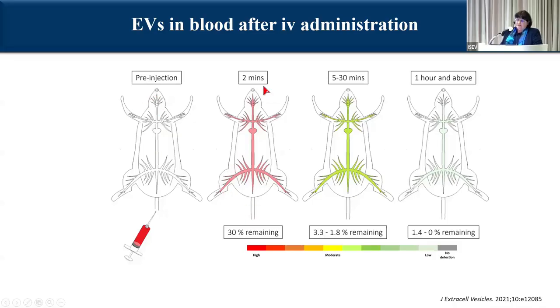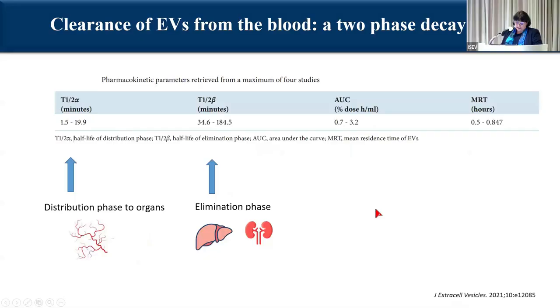As you see, even after 2 minutes, only 30% of the injected vesicles stay in the circulation, and almost by 30 minutes, that is half an hour, a little proportion remains. 3.3 to 1.8% remains, while within 1 hour and above, hardly anything is left in the circulation. That tells you that there's a very rapid removal of the injected vesicles from the systemic circulation.